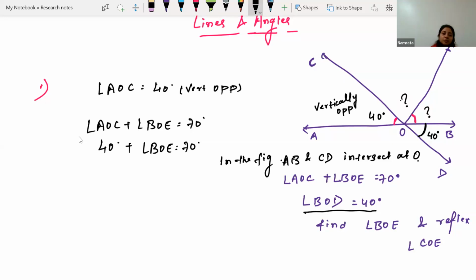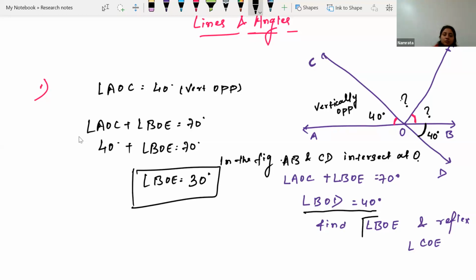So angle BOE will be 70 minus AOC, which is 70 minus 40, so 30. We got BOE as 30.